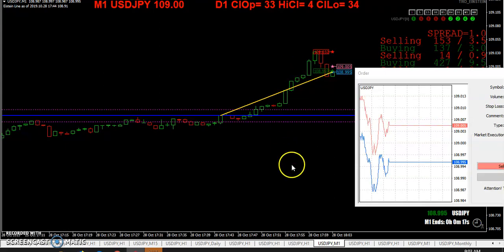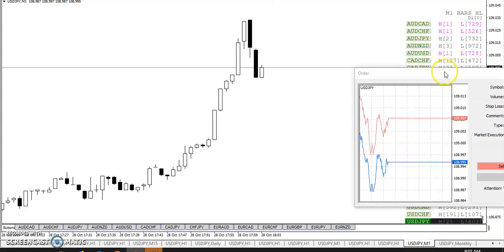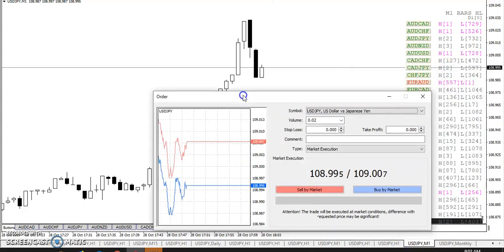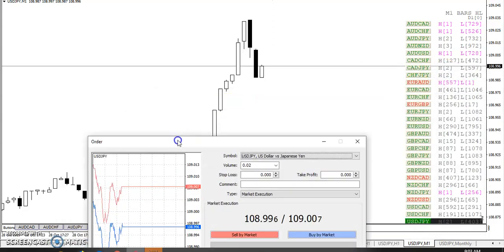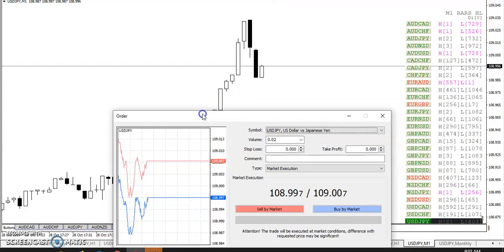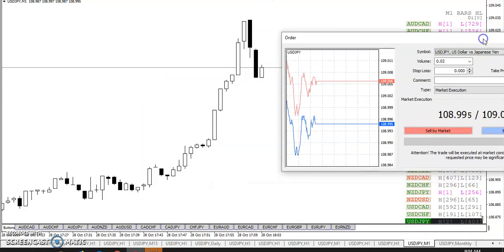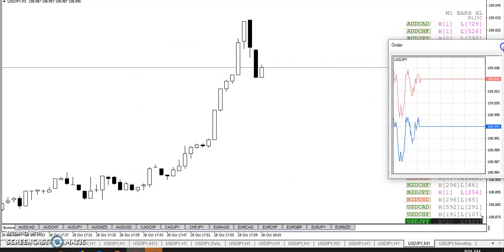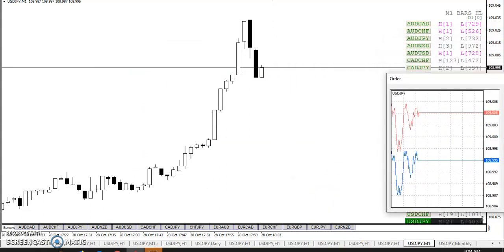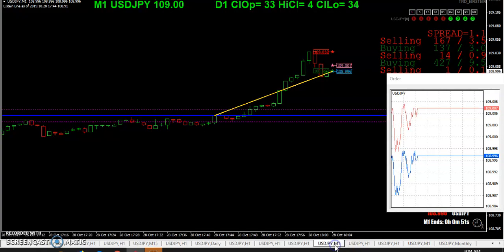But maybe we have enough time we can find another pair that's moving around here. Let's see. I don't see any other pairs with either red or green. So I guess we'll just have to stick with dollar yen for the rest.